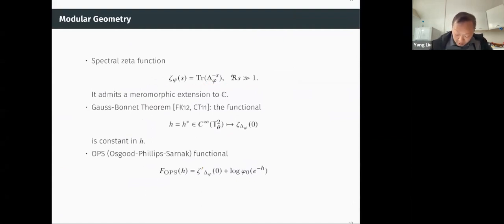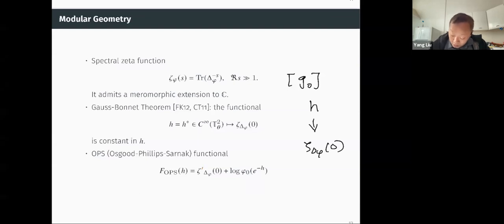The Gauss-Bonnet theorem is just saying that we consider the functional defined on the class of conformally flat metrics, parameterized by this log-Weyl factor H. This function sends H to the value of the zeta function at 0.